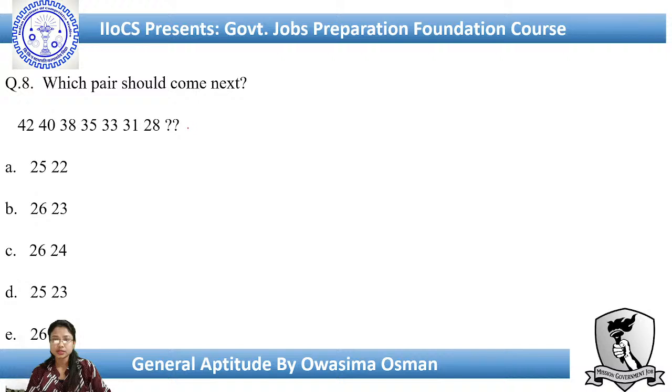Next, this problem is also a similar pattern, and you have to find the next pair of the series. Here I am writing the series separately: 42, 40, 38, 35, 33, 31, 28.